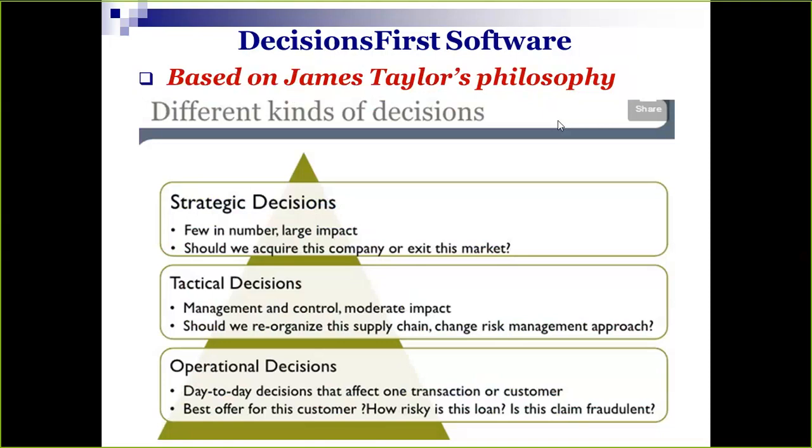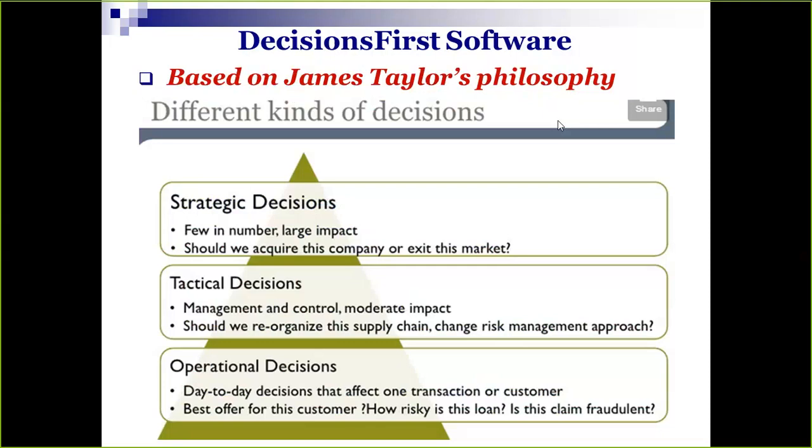And then at the bottom of the organization are what we call operational decisions. These occur each and every day, repeatedly, over and over. Each of them has a very, very small impact on the overall success of the company, but collectively, operational decisions have a tremendous impact on the overall efficiency, effectiveness, and profitability of a company, especially over time.